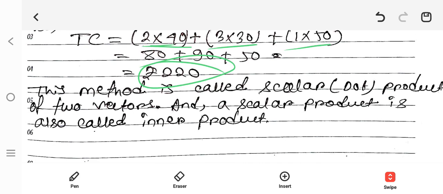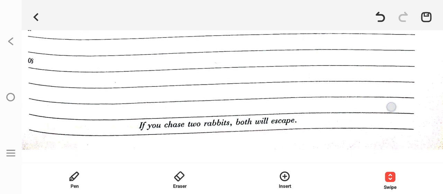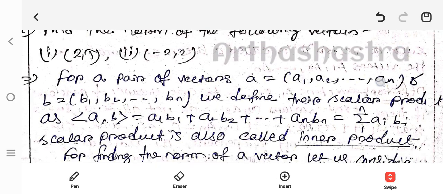This method is actually called the scalar or dot product of the two vectors, and this scalar product is also called the inner product. So let's see what the inner product is.